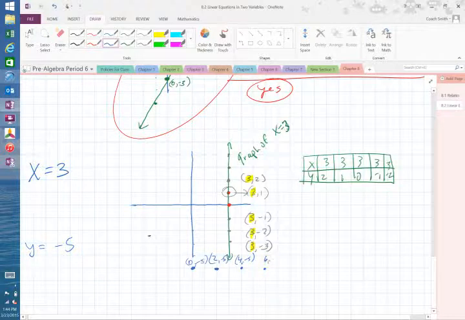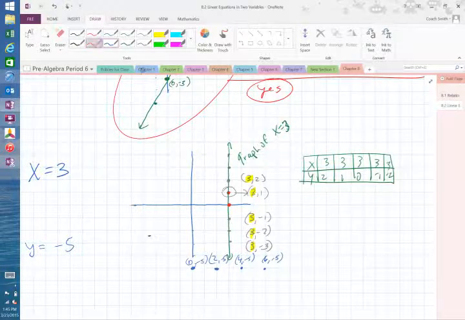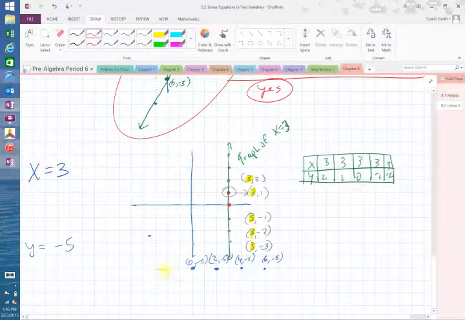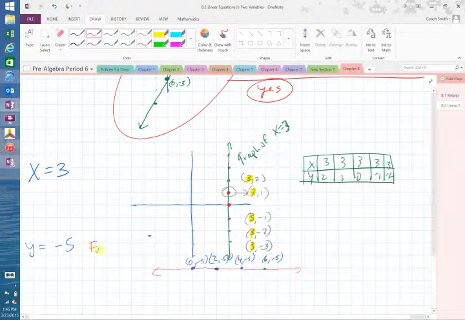That's 6, negative 5. Well, all of them are still equal to negative 5, correct? So if I connect all of those with a line, you have a horizontal line. So therefore this would be a function.